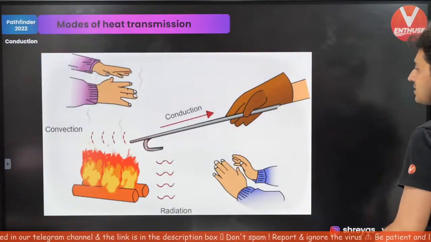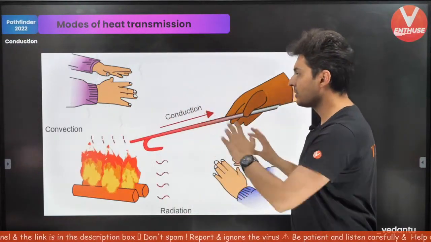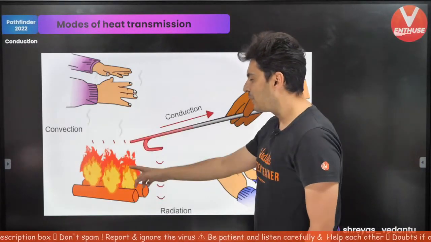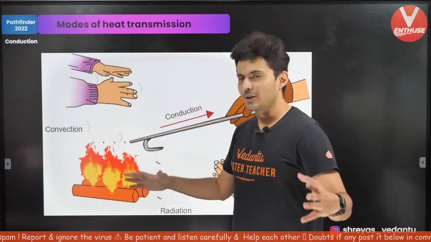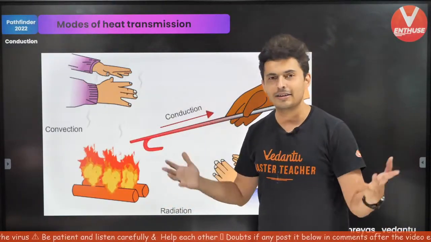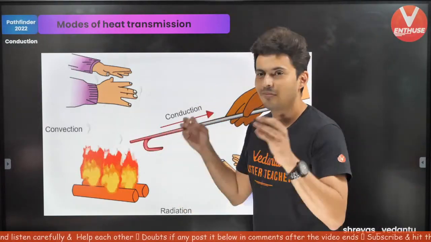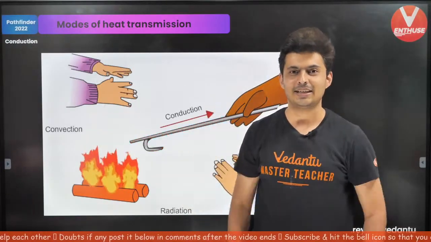And there are three modes of transfer of heat explained beautifully in this simulation out here. Look at this firewood. I'm pretty sure if you have visited Shimla, Ooty, or any such hill station, it may be Mahabaleshwar, Matheran, Darjeeling, no matter where you go, you would definitely have fantasized about sitting near a bonfire in the night.